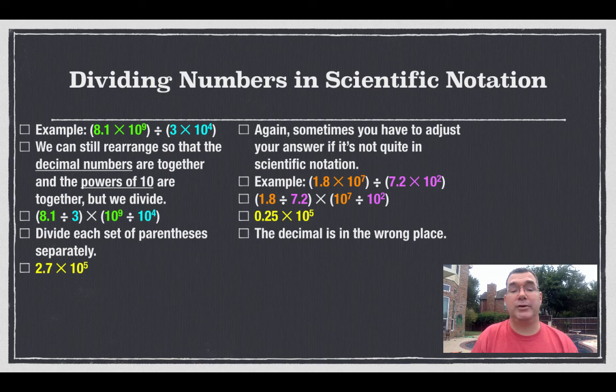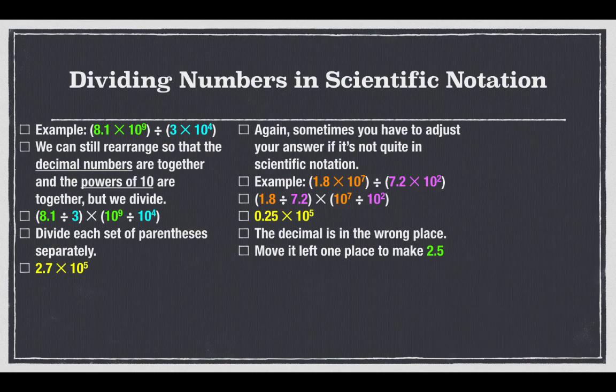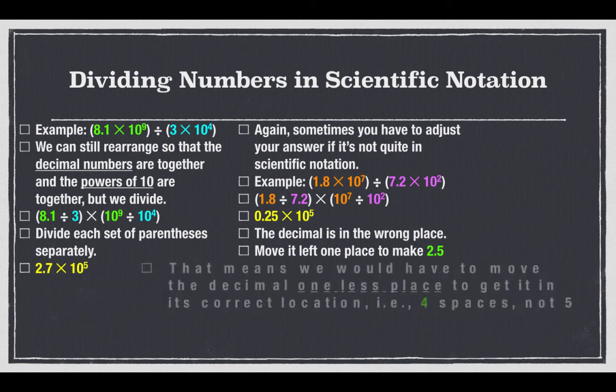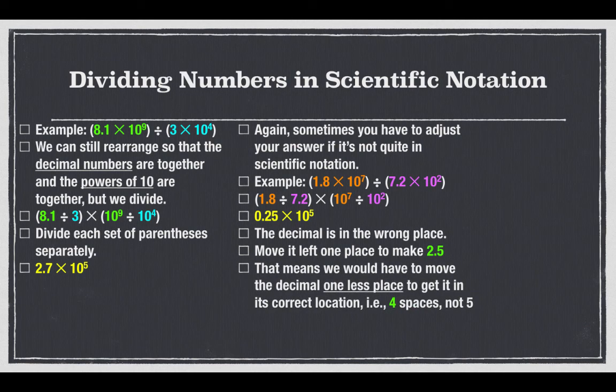The first non-zero digit is that 2, and the decimal point needs to be after the 2. So if I move it, it's going to be 2.5. Okay, but what that means is I would have to move the decimal one less place to get it to where it needs to be. It's already been moved to the right one place of those 5 places that I would have to move it. So I really only need to move it 4 more spaces, not 5. So my answer is 2.5 times 10 to the 4.